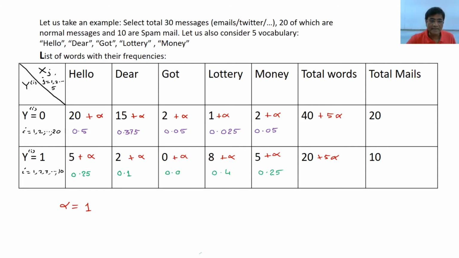So what is the idea? Alpha equals 1 means the word frequency has increased by 1. So this has become 45 now, because alpha equals 1, and that has become 25.